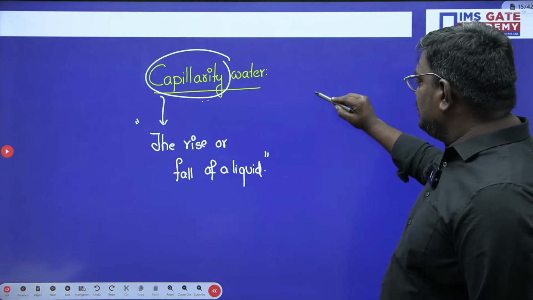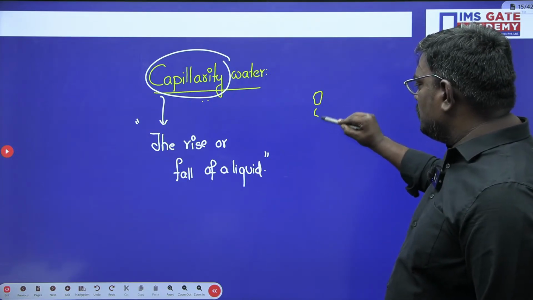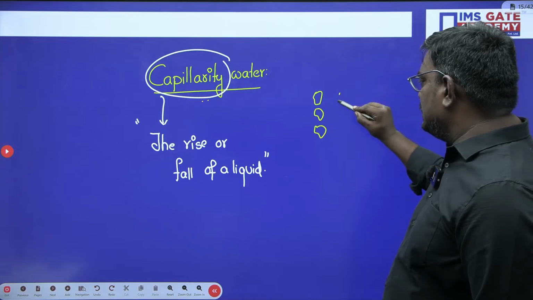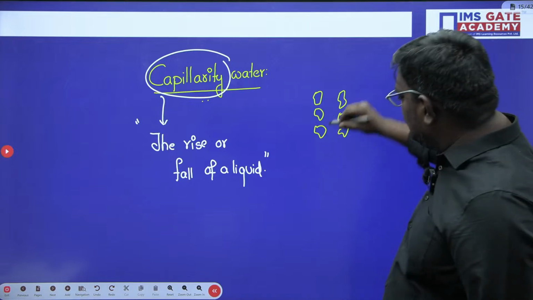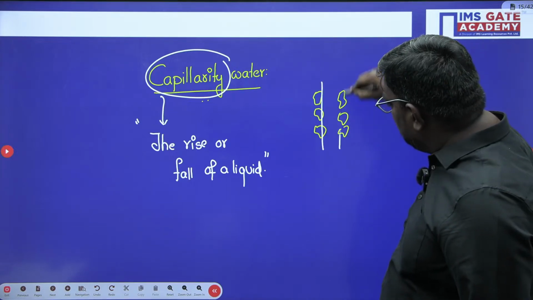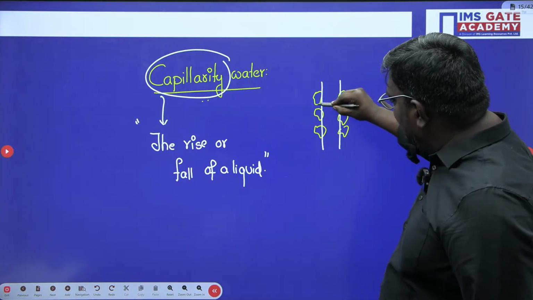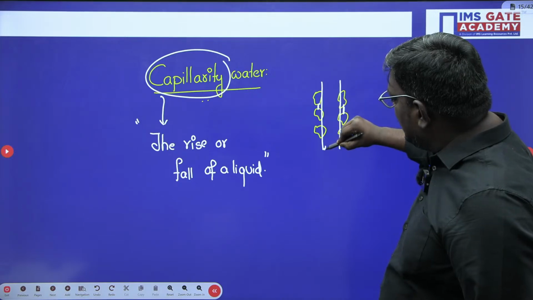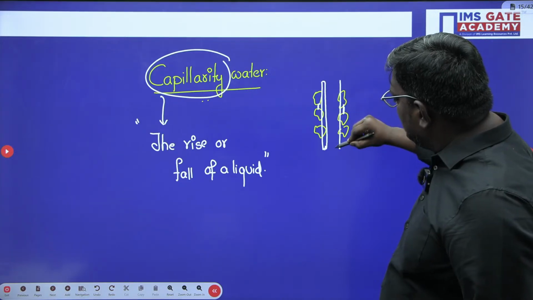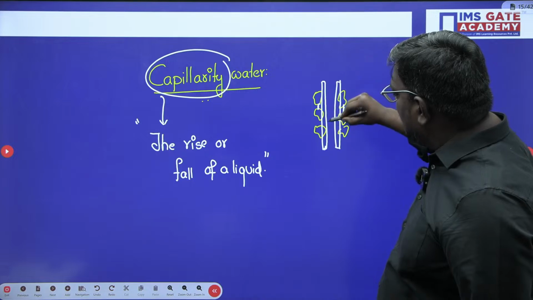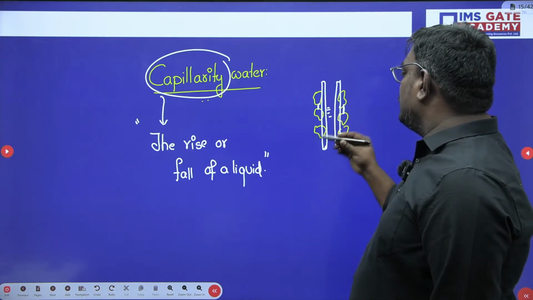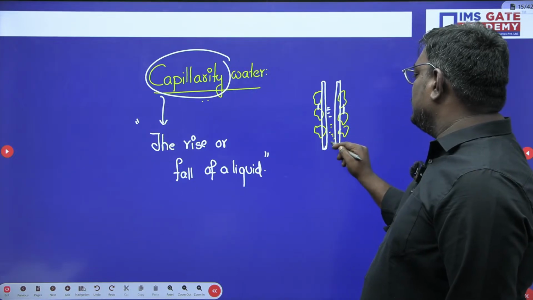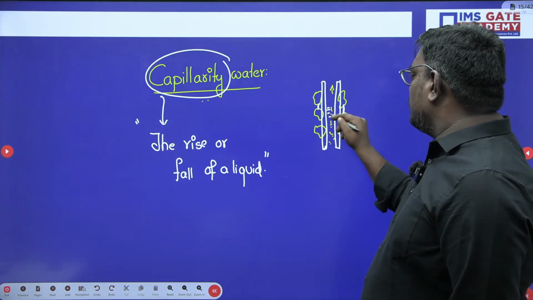Now actually if you see, if we consider these are the soil particles, what I would like to tell you here is, the interconnected voids will act like a capillarity tube through which the water might rise or the water may fall.